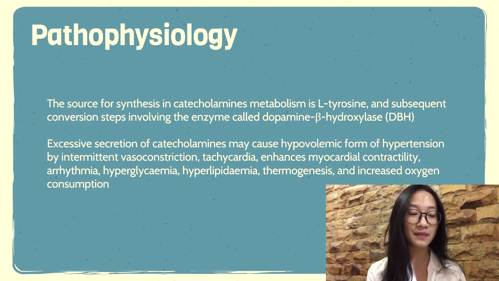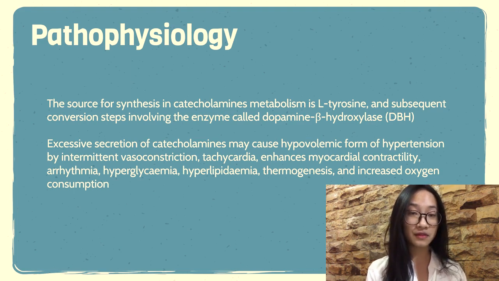The source for synthesized catecholamine metabolism is a protein called L-tyrosine, converted into norepinephrine by the enzyme called dopamine beta hydroxylase and then stored in the vesicular storage granules. Then it leaks into the cytosol and meets the enzyme called PNMT for the conversion from norepinephrine into epinephrine.